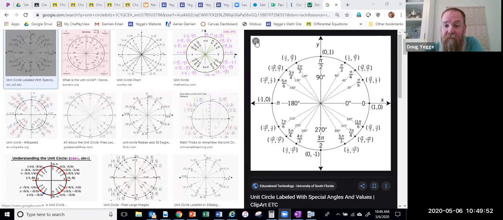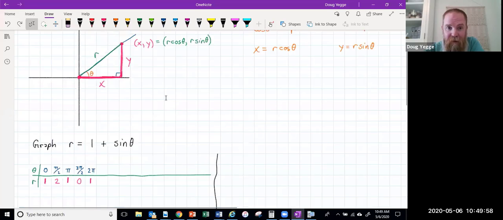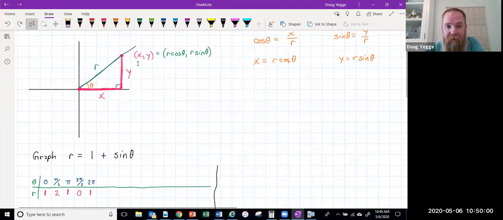This is a really big deal in polar curves, okay? So the point of this is that when you're looking at pi over 6 up here, pi over 6 is a shallow angle. Sine is going to be the smaller of the two ratios, so sine of pi over 6 is 1/2. Then sine and cosine of pi over 4 are both root 2 over 2.